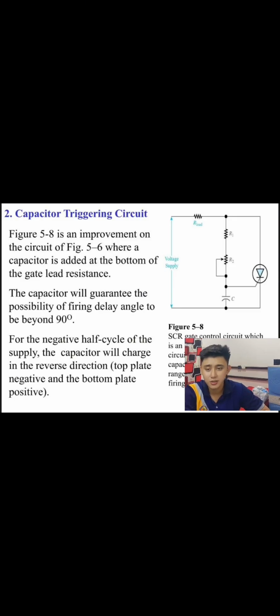In our figure, an improvement of the circuit where a capacitor is added at the bottom of the gate lead resistance. The capacitor will guarantee the possibility of a firing delay angle beyond 90 degrees for the negative half cycle of the supply. The capacitor will charge in the reverse direction, top plate negative and bottom plate positive.